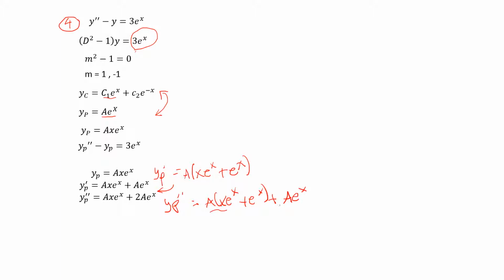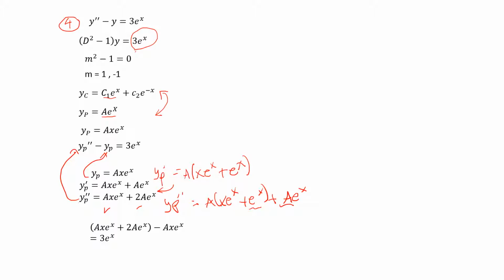That's why this one combines, and then you have 2a e to the x there, and then a x e to the x. So substitute it in. This should be plugged here. Your yp double prime will be plugged there, and your yp will be plugged there.